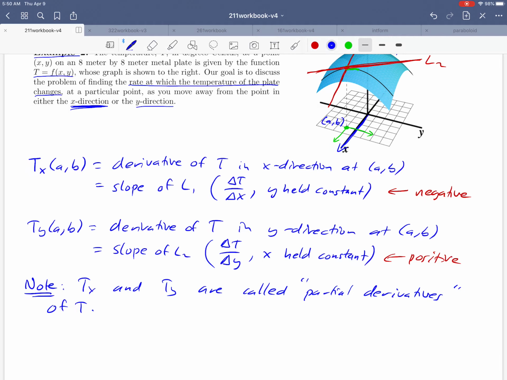They just measure the rate of change of temperature with respect to which direction we're moving in.